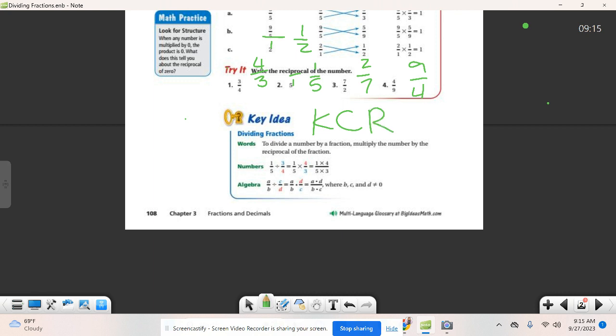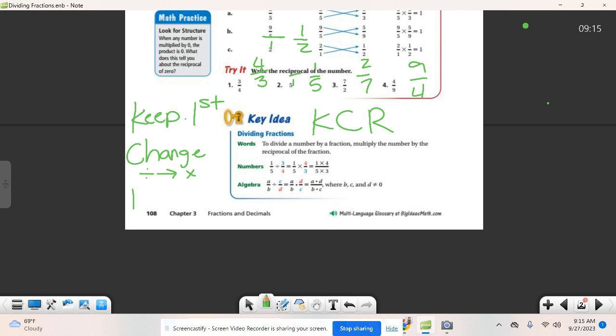KCR means keep the first. Okay. You might want to write this off to the side, because by the time we have a test and you're reviewing for it, you'll have forgotten. C stands for change. What are you going to change? You're going to change the sign. You're going to change from division to multiplication.